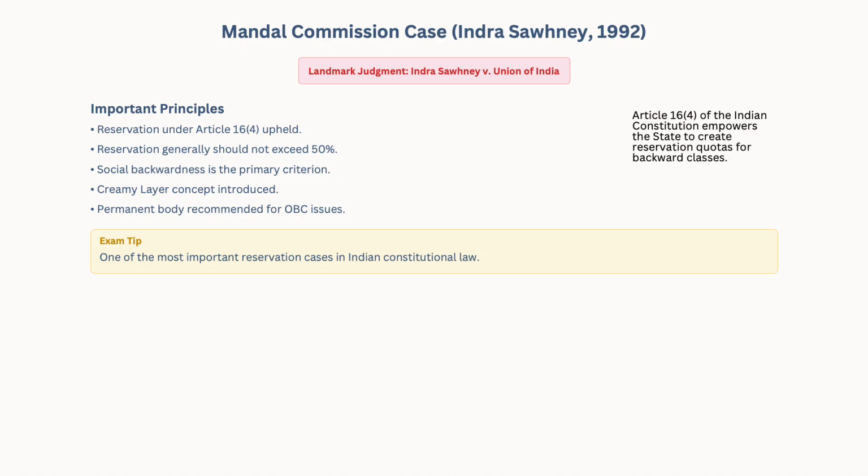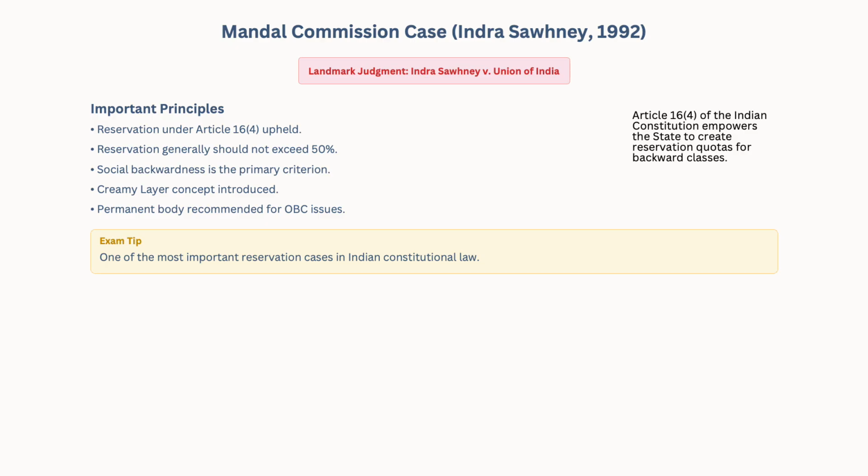Now, the Mandal Commission case, Indra Sawhney, is a very interesting case, which broadened the meaning of the article and upheld the provision under Article 16(4). Article 16(4) of the Indian Constitution empowers the state to create reservation.